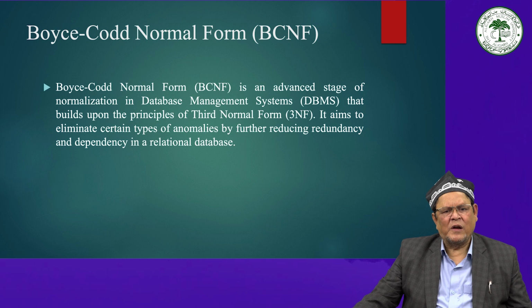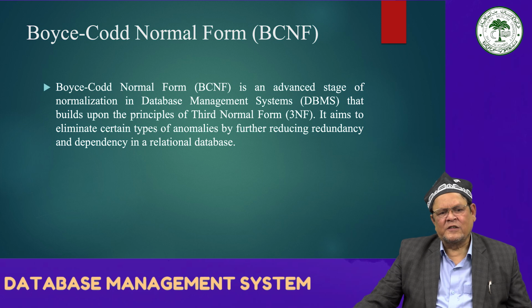BCNF aims to address certain anomalies that can occur in 3NF, particularly those related to non-trivial functional dependencies. By ensuring that every dependency is based on the candidate key, BCNF eliminates the possibility of certain update anomalies, insertion anomalies, and deletion anomalies.